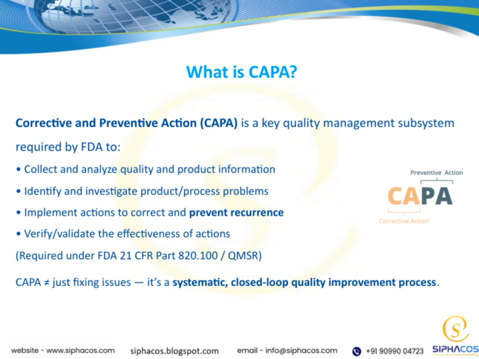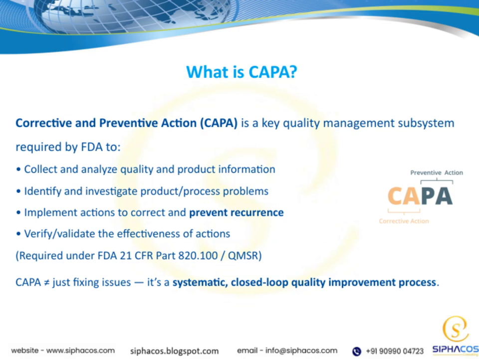By doing this, we can identify issues early and investigate the root causes thoroughly. Once we understand what's going wrong, we implement targeted actions to correct those problems and prevent them from happening again in the future. An essential part of CAPA is verifying and validating that the actions we take are actually effective, meaning we're closing the loop on continuous improvement.